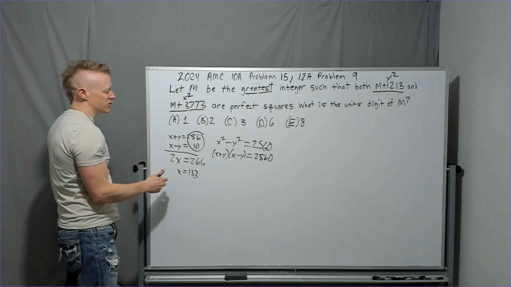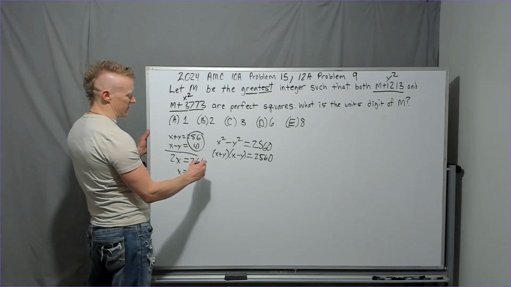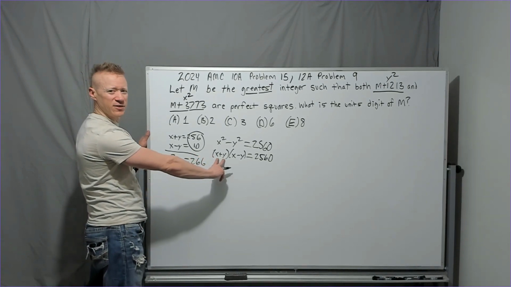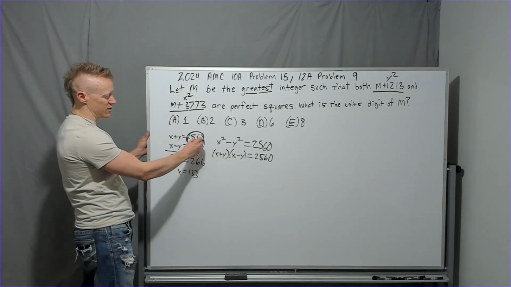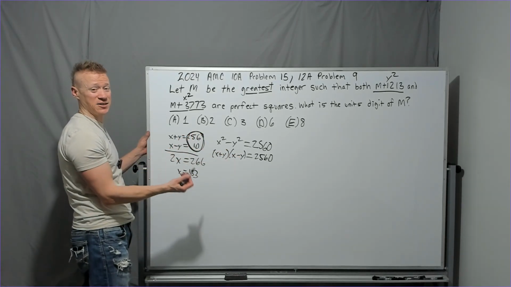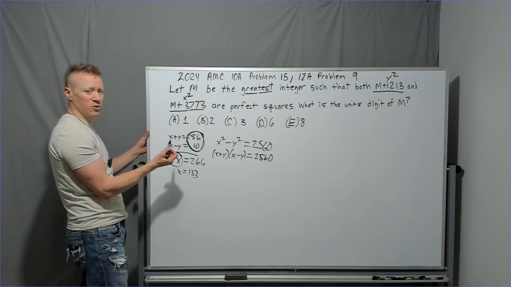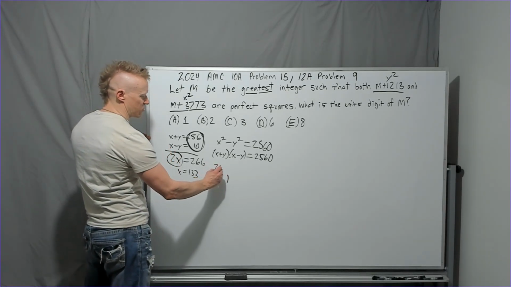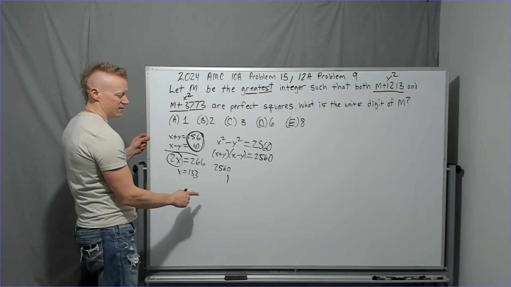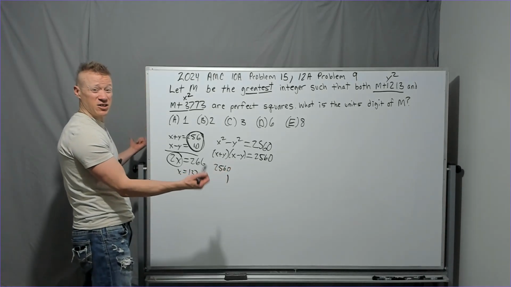Logical, right? So then you say, okay, why don't I make this 2,560 and that 1? And again, that's what we just said. That will not give an even sum, and it has to be even, because the left side will always be 2x. Well, if I can't do 1 and 2560, then the next best thing would be 2, right?